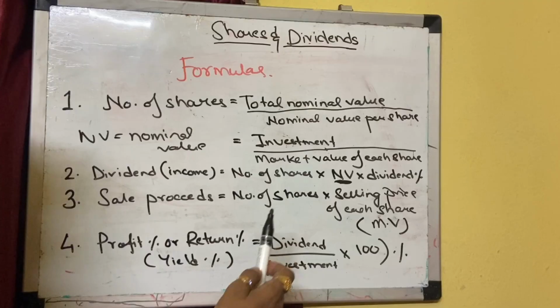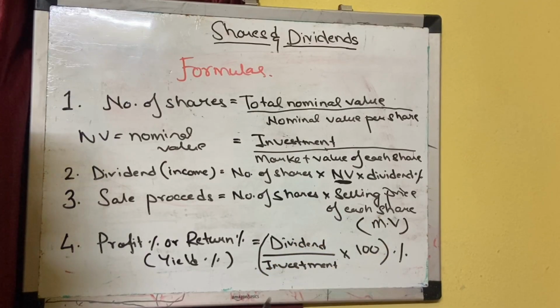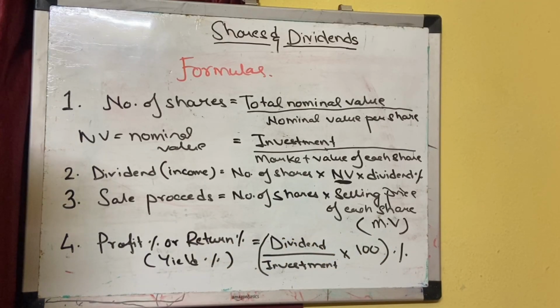It is the number of shares that we have bought or we want to sell. Then the number of shares that we want to sell into the market value of each share, or the selling price of each share. That is the same thing. The market value of each share into the number of shares, we will get the sale proceeds. Suppose I have bought 60 shares. Now I just want to sell 30 shares out of it.